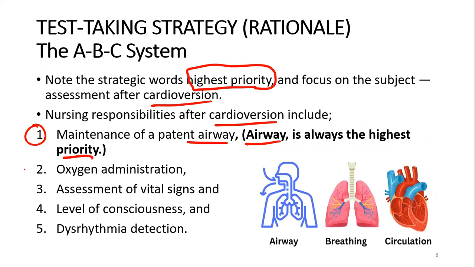Second is oxygen administration. Next is the assessment of vital signs. Number 4 is your level of consciousness. And number 5 is dysrhythmia detection. These are your nursing interventions when taking care of a patient who underwent cardioversion. Again, airway is always your priority.